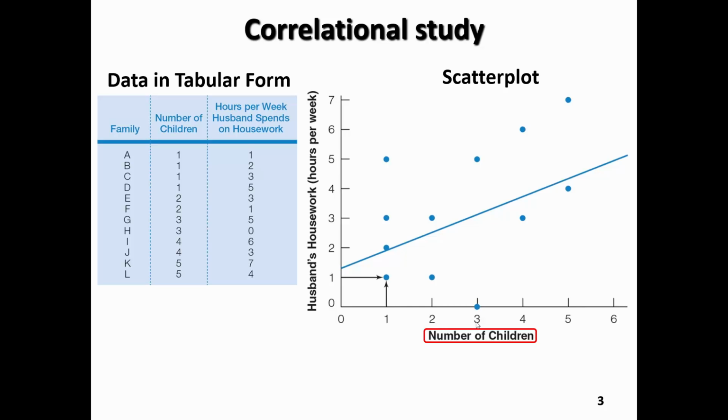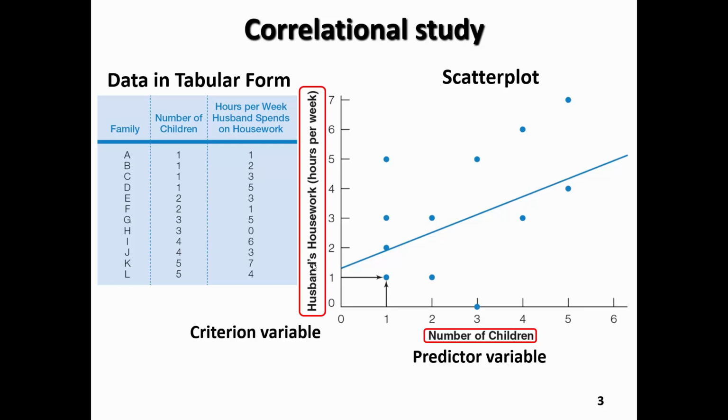Based upon the number of children, can this predict the number of hours spent per week conducting housework? The y-axis variable, our main outcome variable, is what we call the criterion variable. Typically, we would call this the dependent variable and the other the independent variable, but if our intention is to carry out a correlational analysis, then we use the terms predictor and criterion.